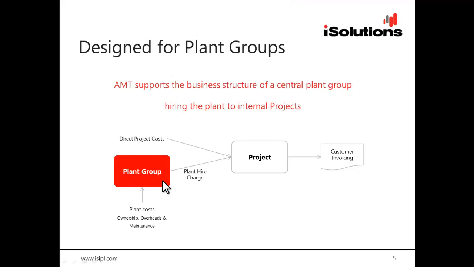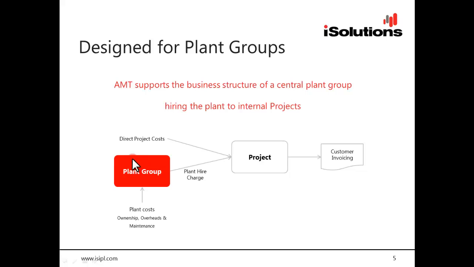They're the ones who are maintaining the equipment. They're the ones that are paying for the general maintenance, the services, the major components, and also the ownership costs, the depreciation, the finance on the equipment. And they hire out the equipment to the project. So the projects pay a monthly hire invoice to the plant group.